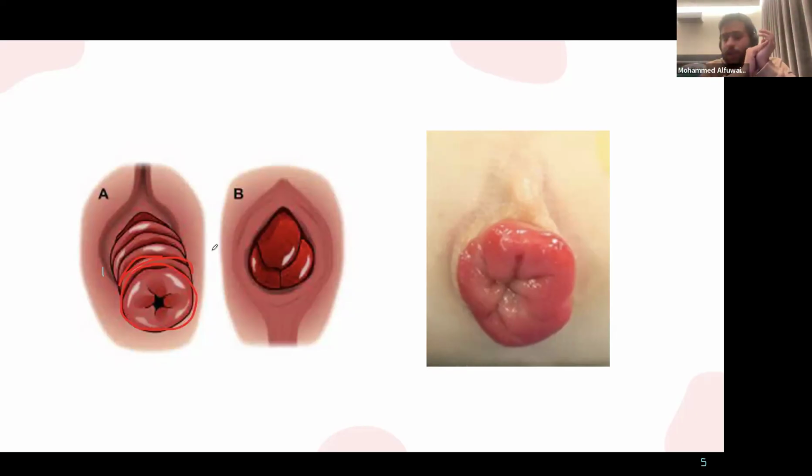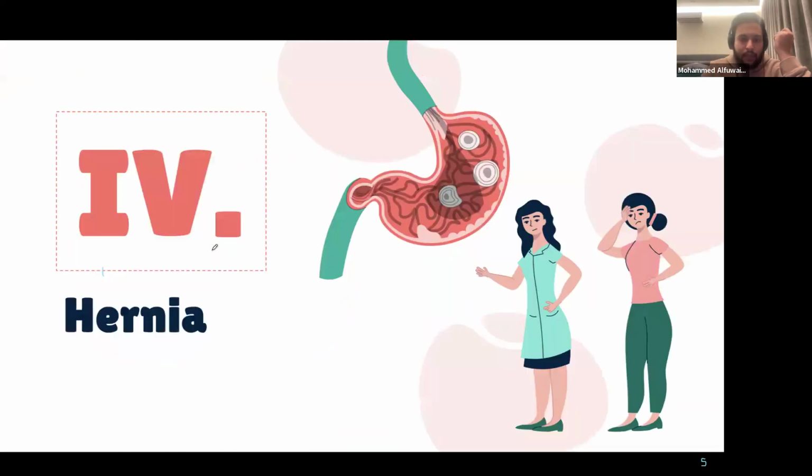Usually it will be in a female after multiple pregnancies. This is a typical demographic that's affected by prolapse. Okay, female after multiple pregnancies and childbirth, because of weakness of the pelvic floor. Okay, that's all you need to remember for rectal prolapse.